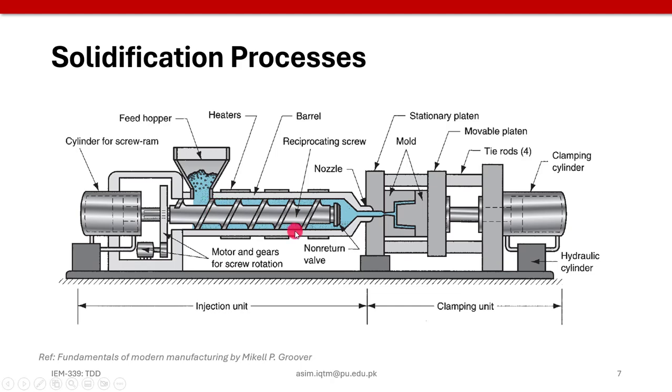Plastic granules are melted by using these heating chambers, and this is the clamping cylinder which actually clamps this mold.